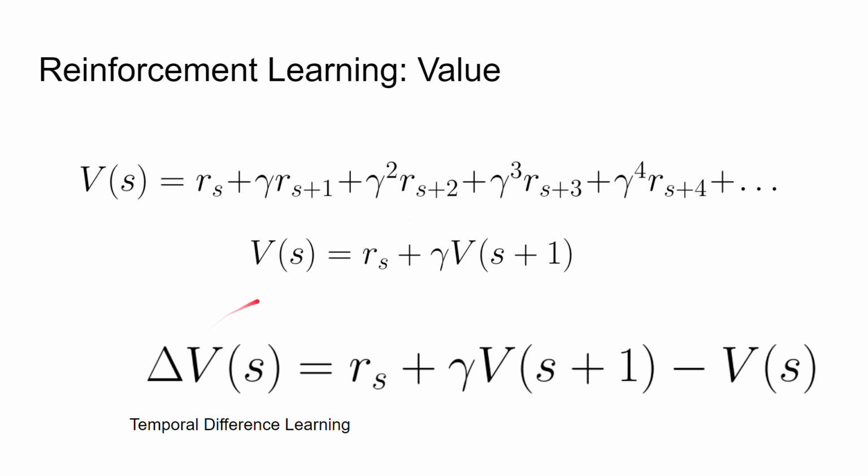What this learning rule is: hey, let's say I don't know the exact function. I don't know the value of my current state. I've got a guess, a good estimate. If it turns out that whatever value I think my current state is, is the same as the reward that I get in the next state plus the discounted version of the value in my next state, if those are the same, cool. My prediction was accurate.